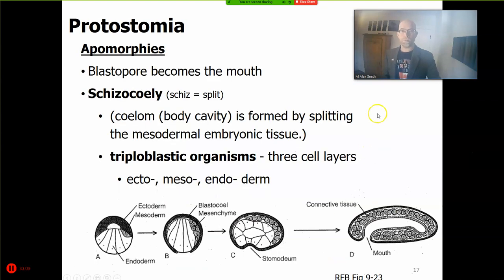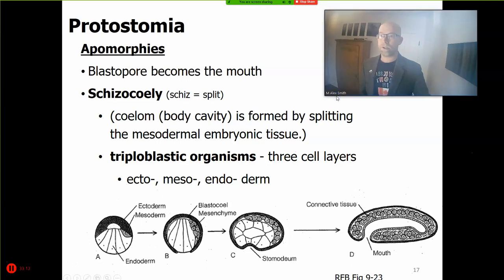So the protostomes, that large clade there, what are some of the apomorphies that characterize this group? Several of them are developmental. We'll talk about that in a second, that the blastopore becomes the mouth. They're characterized by schizocoely. And so this is not just something you would say when you sneeze, but it's when the body cavity is formed by splitting of the mesodermal embryonic tissue. And they are triploblasts in the same way that we are, as we talked about with endoderm, ectoderm, and mesoderm.